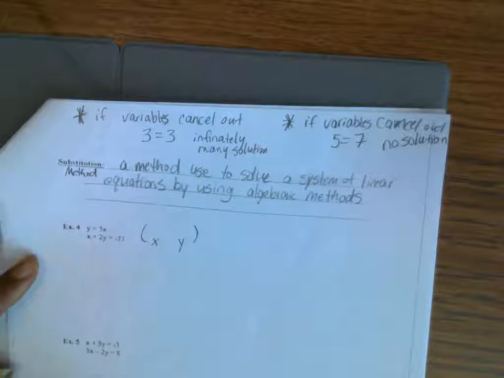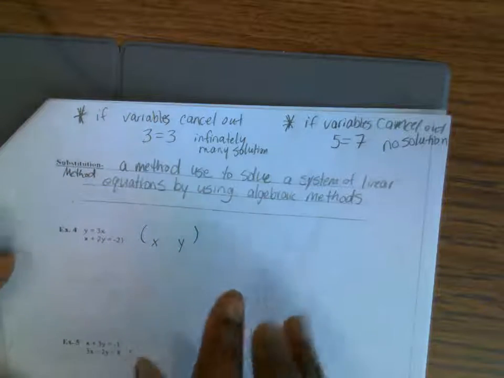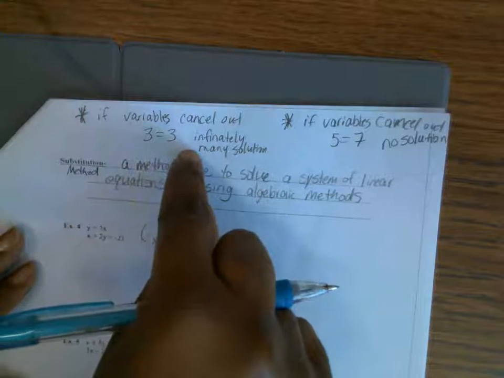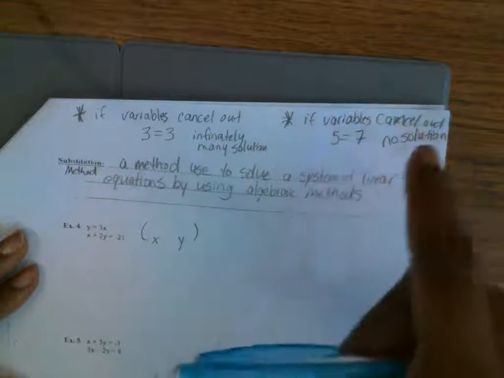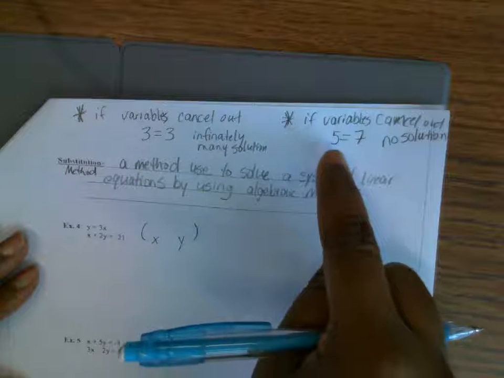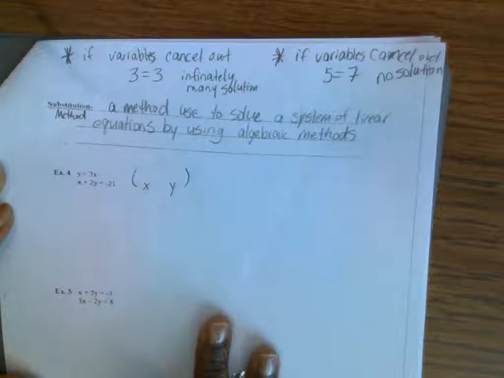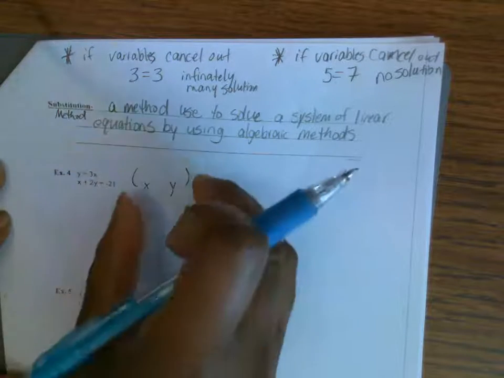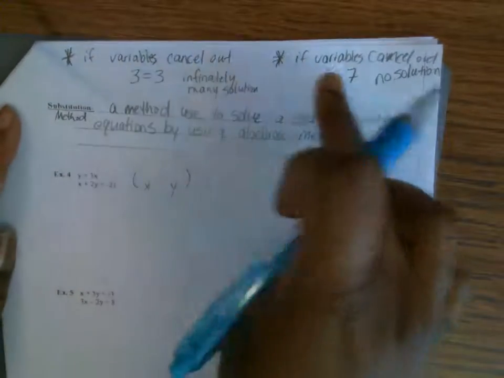So that's how you know whether it's one solution, because it's going to work out perfectly, infinitely many solutions, because the variables cancel out and both sides are equal, or no solution, when the variables cancel out and the answers are different. It's not equal on both sides. And I'll pause here. All right. So when you're solving a system of linear equations, automatically assume that they cross until it's proven that they don't.